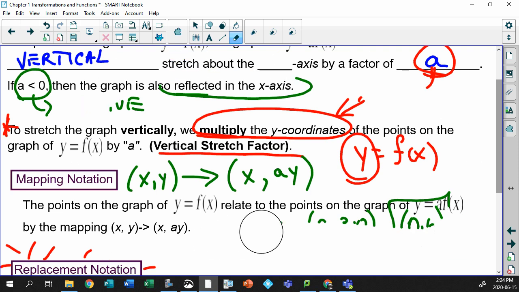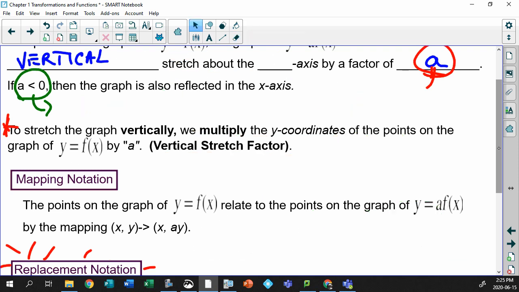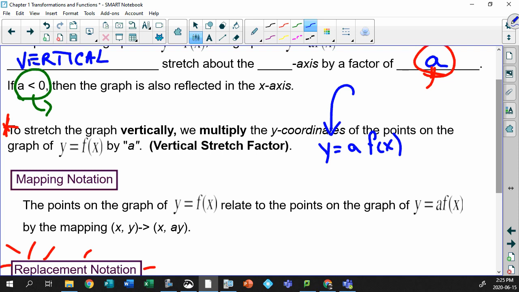I want to show you some really cool stuff. You know and I know that this is originally y equals a f of x, right? But remember, if it's going to be a vertical, we want something to deal with y. We want the emphasis on the y.